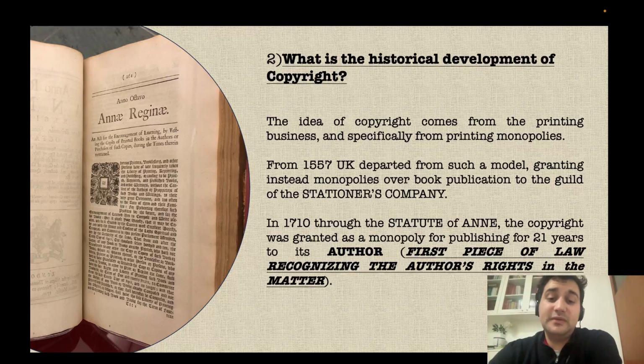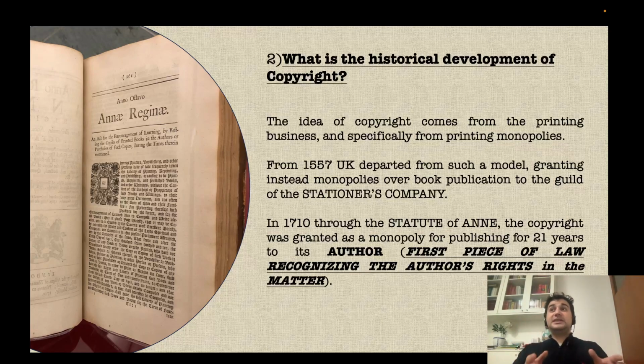From 1557, the UK didn't have this model anymore, but instead gave monopolies over book publication to a guild that was the Stationers' Company. This is the first time in history in which there are representatives of a particular market sector, the publishers, that are gonna take all the copyrights, all the monopolies in terms of copyright, an eternal monopoly.